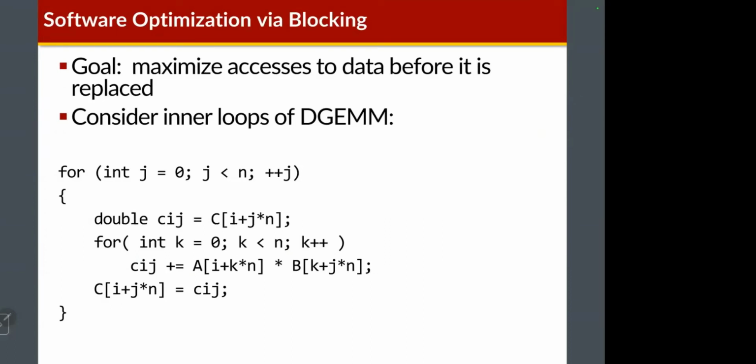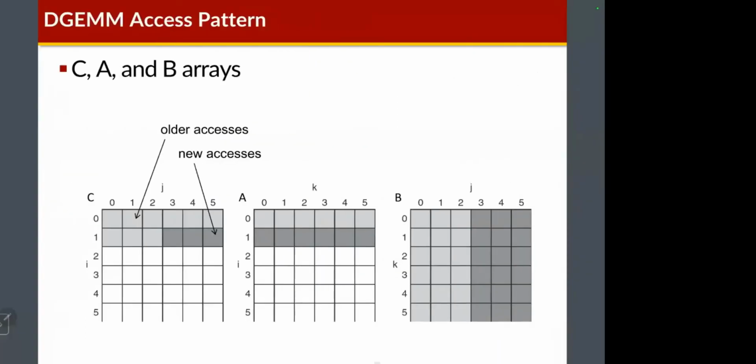So I believe everyone knows about the matrix multiplication. Okay, so this is some example code of the matrix multiplication. In order to calculate this element, we need to perform the multiplication of the row vector of matrix A and the column vector of matrix B, right?